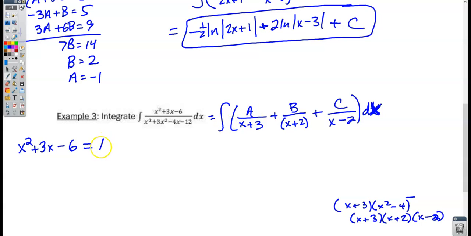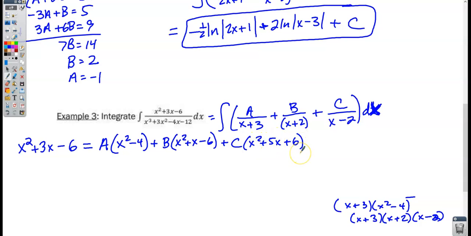So for this first fraction, A, I have to multiply by x plus 2 and x minus 2 in order to get it over the common denominator, and I'm just going to write that as x squared minus 4. For the middle fraction, I need to multiply it times x plus 3 and x minus 2, which when we multiply those together is x squared plus x minus 6. And then for the last one, I need to multiply it by x plus 3 and x plus 2, which when I multiply those is x squared plus 5x plus 6.